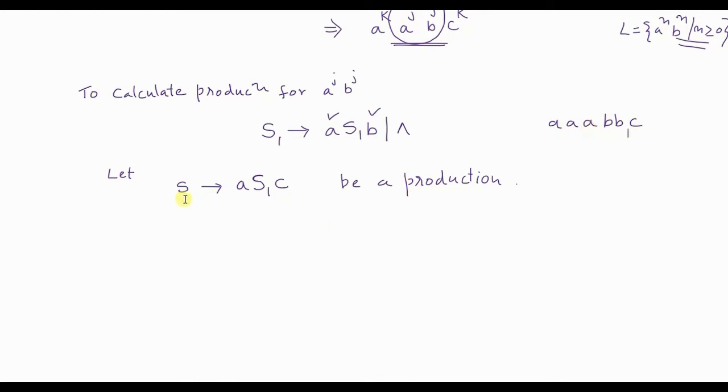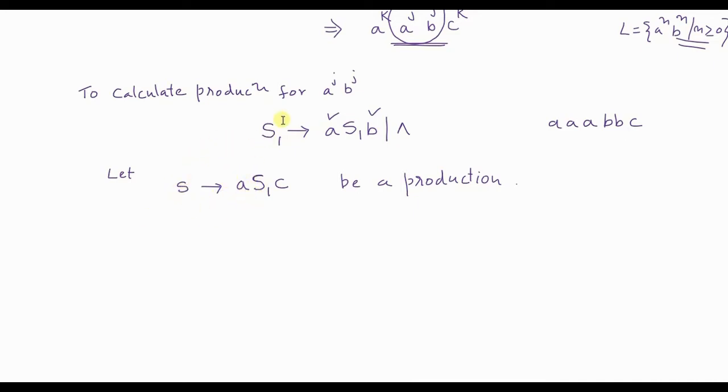Now let us see whether the production that I have written here is correct or not, whether it is taking care of this kind of string or not. Starting with the start symbol, let us consider S is the start symbol for this production. Why? Because from S1 production you cannot reach S, but from S production you can reach S1 because on the right hand side there is S1.